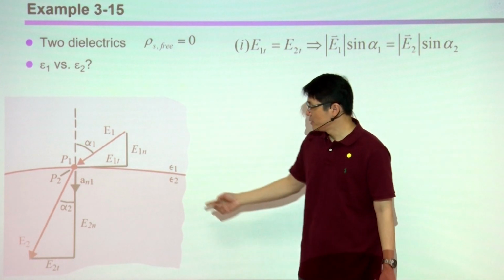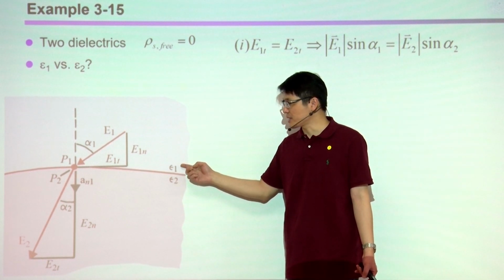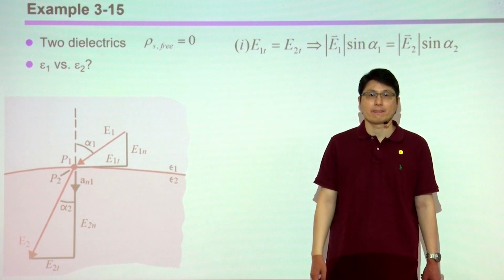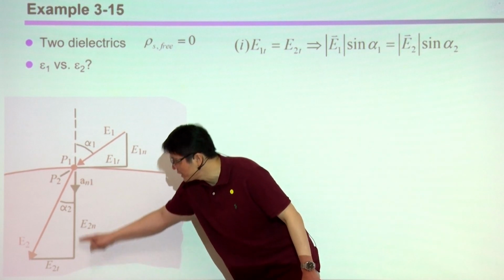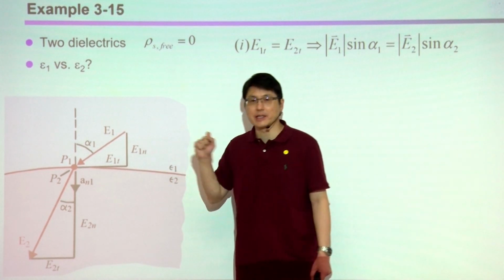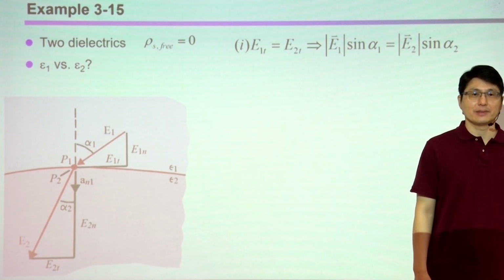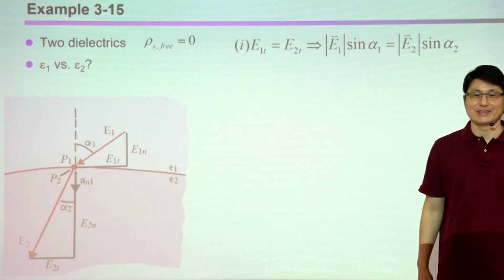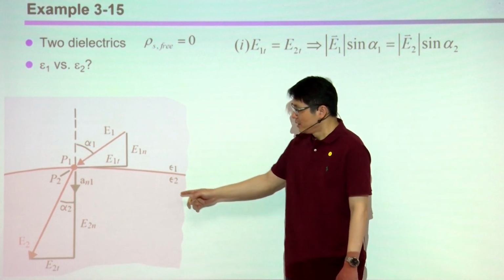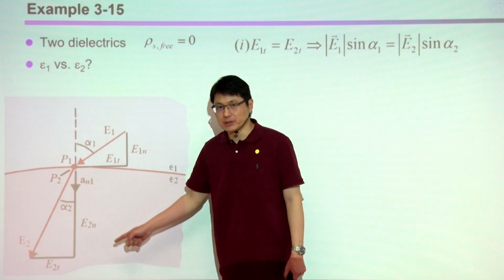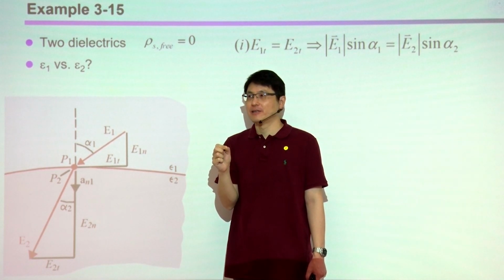In other words, is epsilon 2 bigger or smaller compared to epsilon 1? This normal component, E2n, is much stronger than E1n. So what is your answer? TA, do you know? No? Do you want to answer? Just by looking at the picture, you should have a very quick conclusion.